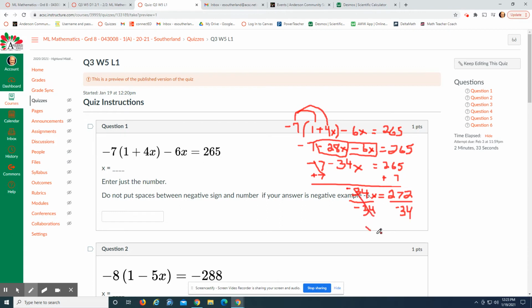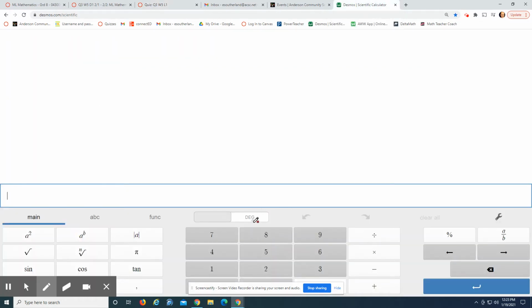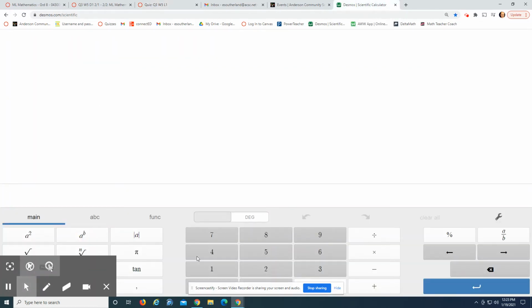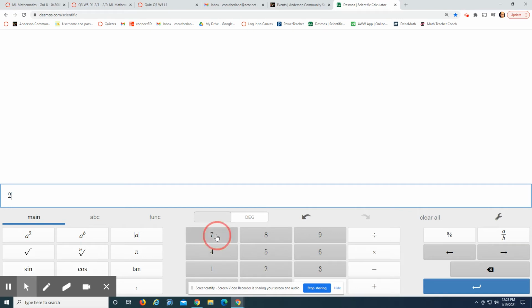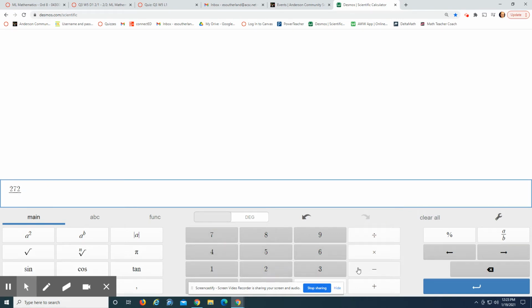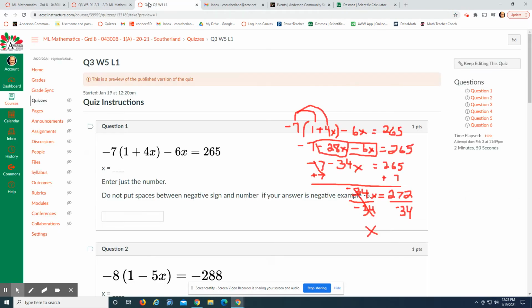We know those are going to cancel, x is going to be left alone, and then just type it in the calculator. 272 divided by -34, and we get -8. So here we can say x is equal to -8. Make sure you type that in as well. So -8.